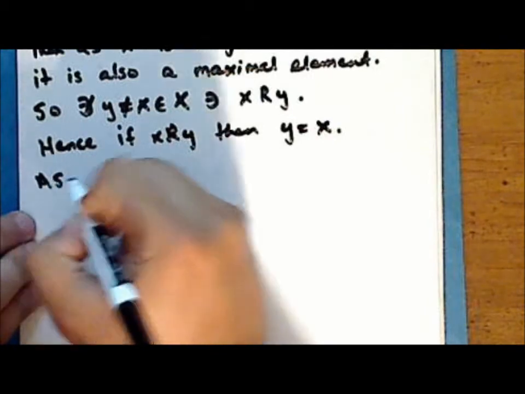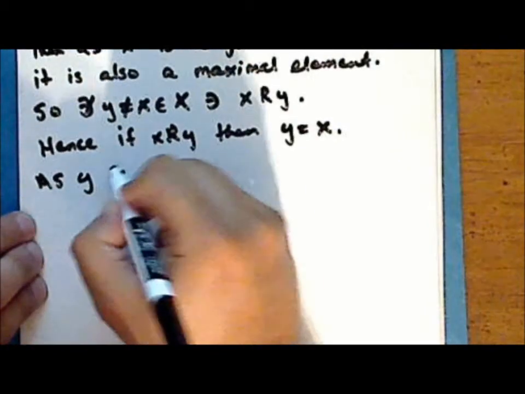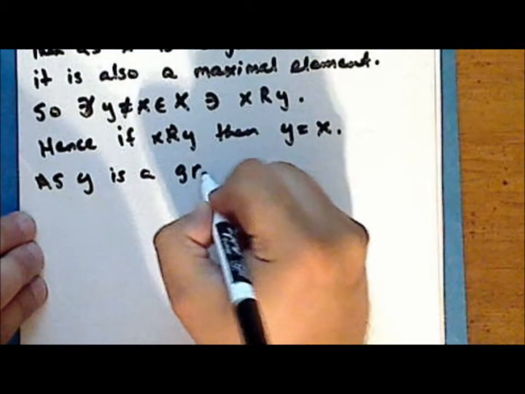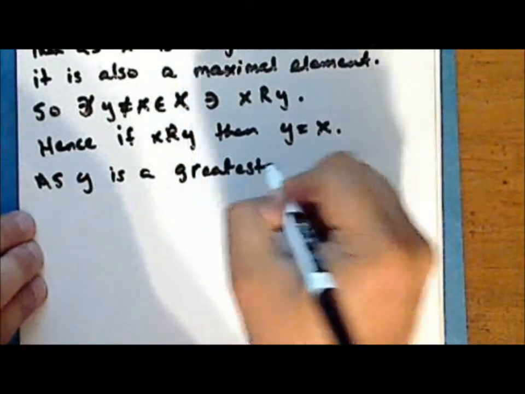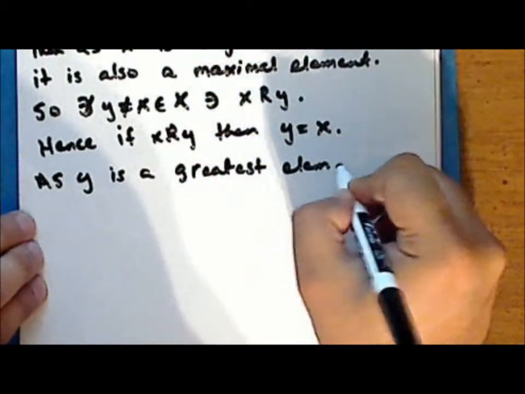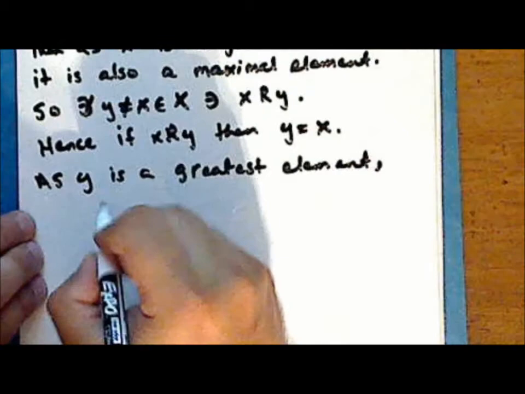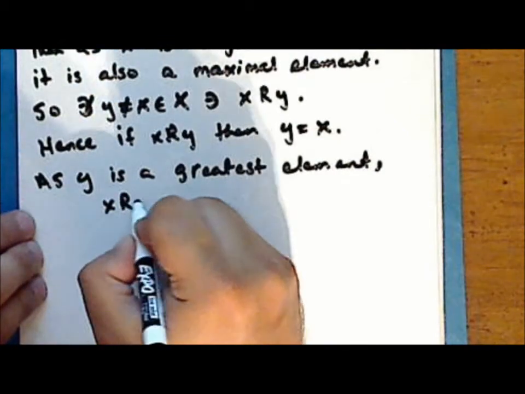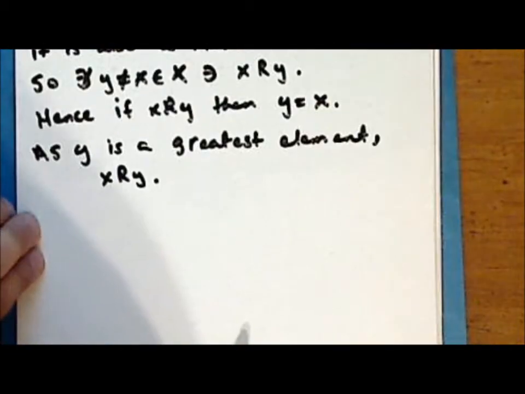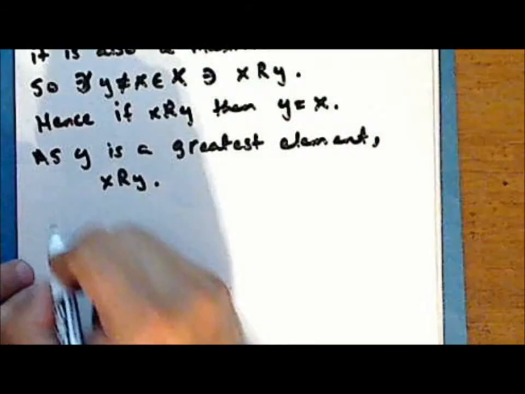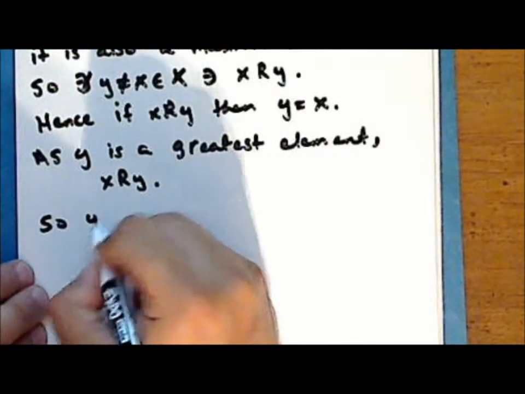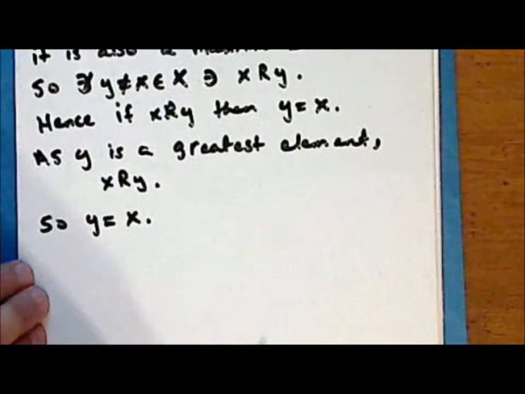So as the element y is a greatest element, we have that x is related to y for every choice of x in the underlying set X, and so y is equal to x.